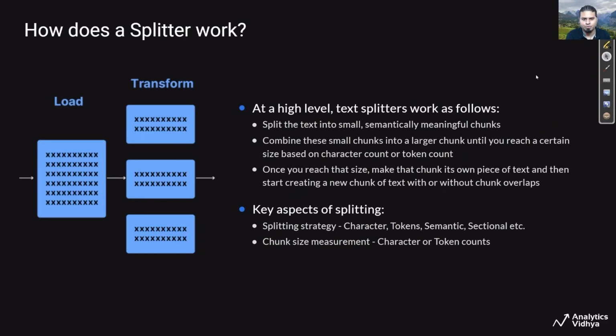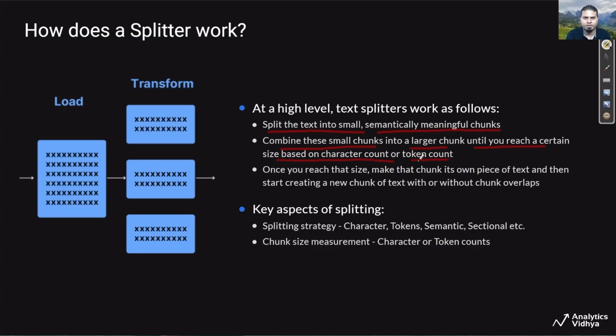Now, how does a splitter work? At a high level, the text splitter works as follows. Let's say you have this complete document text. You split the text into small, semantically meaningful chunks, and then you combine these small chunks into a larger chunk until you reach a certain size based on the character count or the token count.